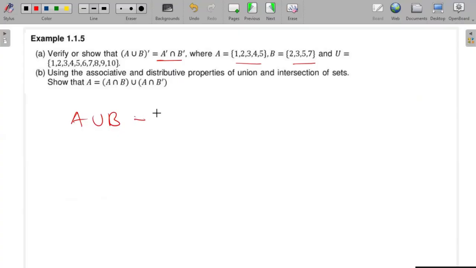So what is my A union B? I'm bringing everything together, everything in A and B. That's 1, 2, 3, 4, then I have 5 and 7. But what is going to be the complement of this?